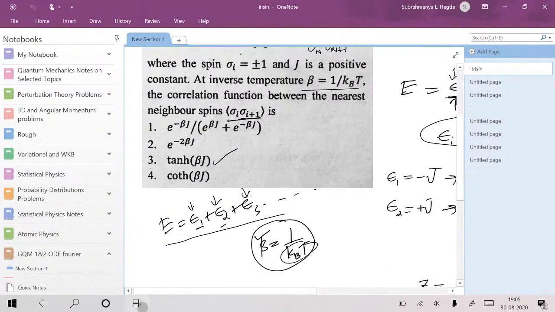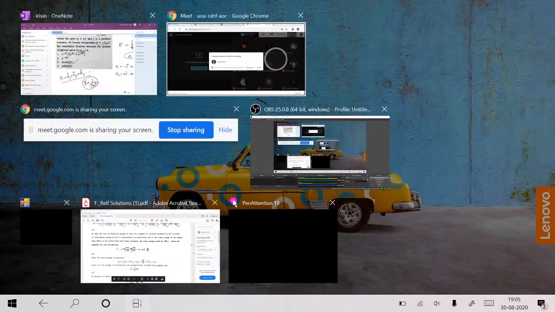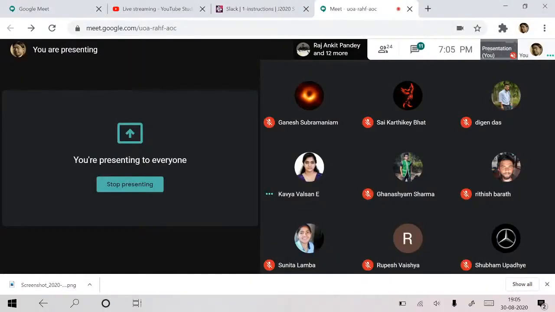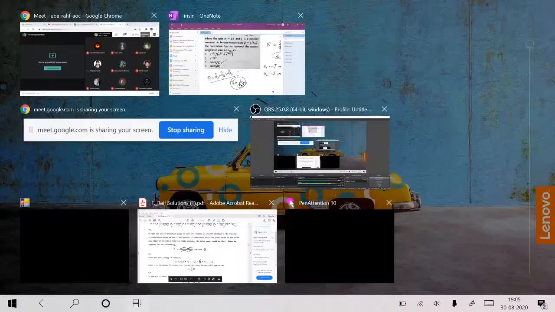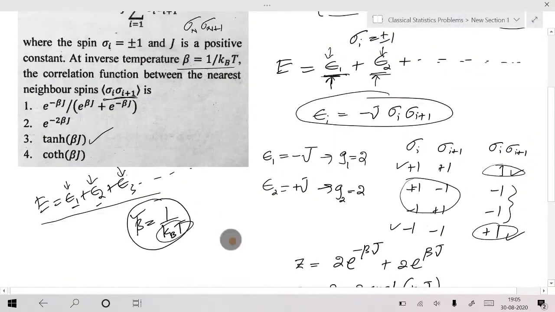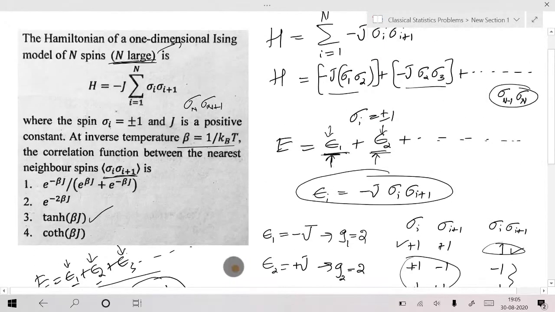Any further question? Sir, what does this correlation function exactly mean? For the correlation function, I think that comes in further theory. Anyone who studied that part, correlation function?